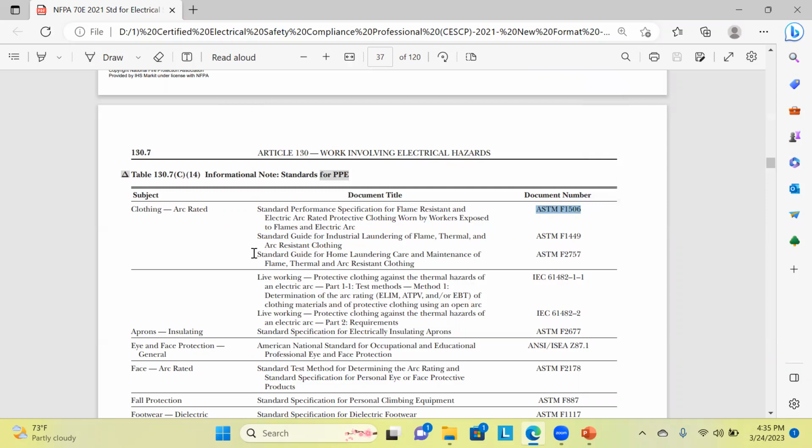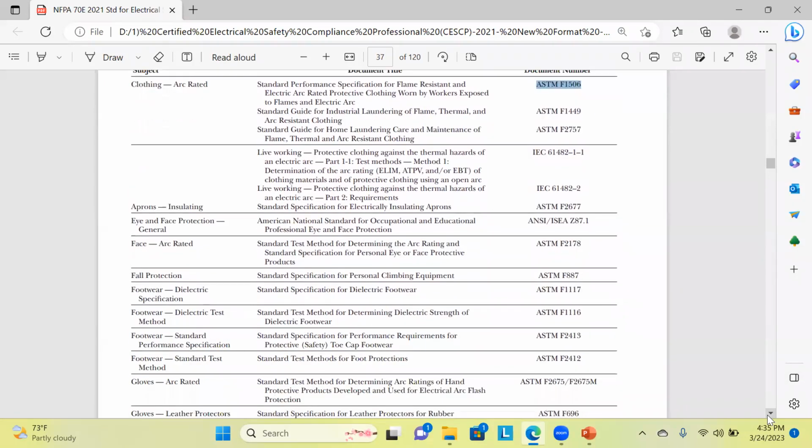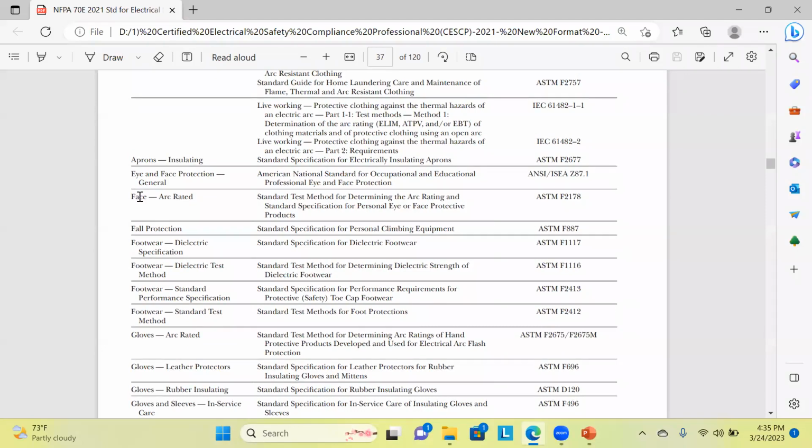Or another standard is ASTM F1449. So there are different types related to maintenance, thermal, and arc rating. Similarly, for other types of PPE related to face shields, eye protection, aprons, footwear, etc., the ASTM standards are there, right?